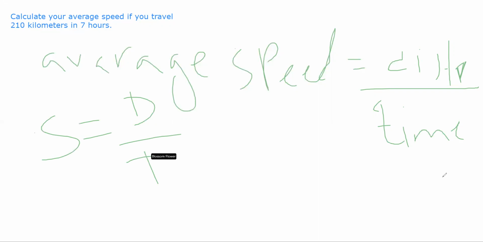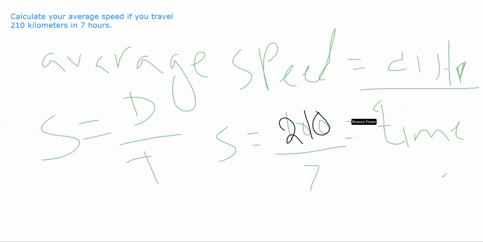Now what is the distance? 200 kilometers. 200 over 7. Thank you. No, not 200, 210 over 7. It is 30. Thank you. So the answer will be 30.